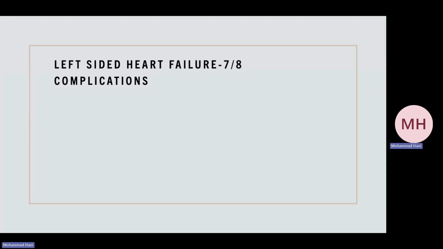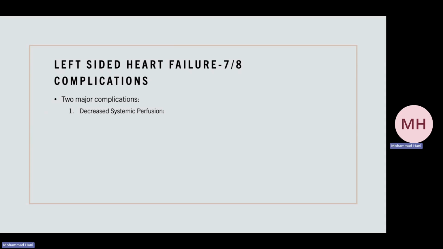Moving on to the complications of left-sided heart failure. Now, there are two main things you need to remember for this. The first one is decreased systemic perfusion. If you have a failing left ventricle, which is not able to maintain an adequate cardiac output, this means you will also have a proportional reduction in perfusion to the end organs.